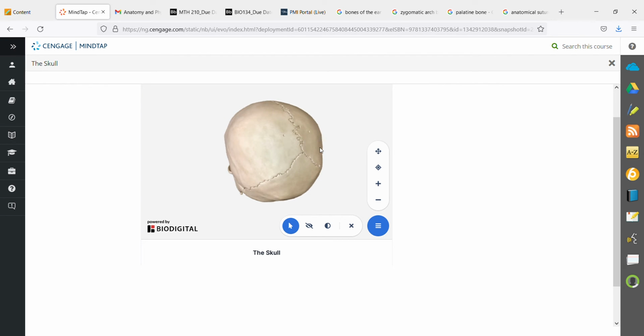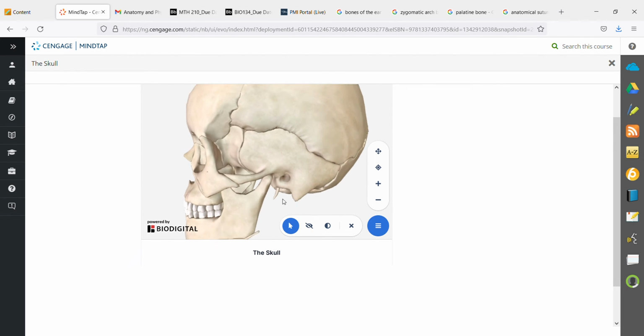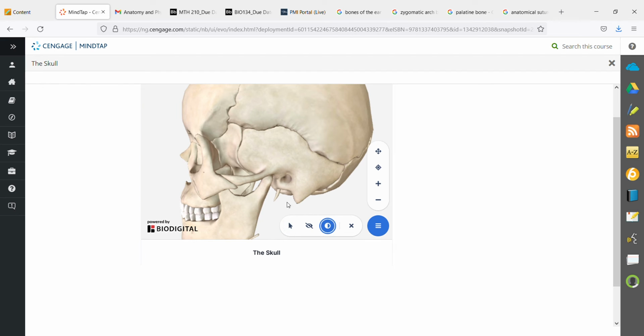Now this is the left, this is the right, and this brings us to the temporal bone, which I mentioned earlier. In this little area here is the EAM, or the external auditory meatus. That is the ear canal.